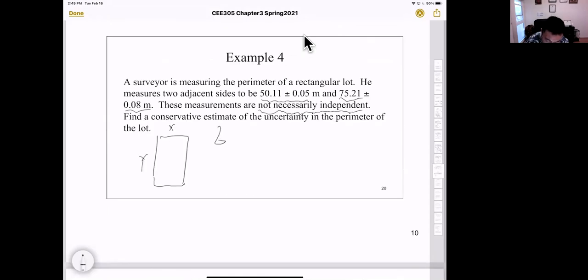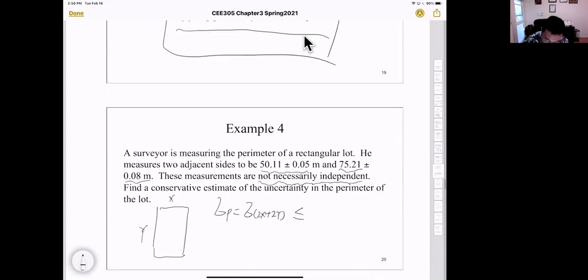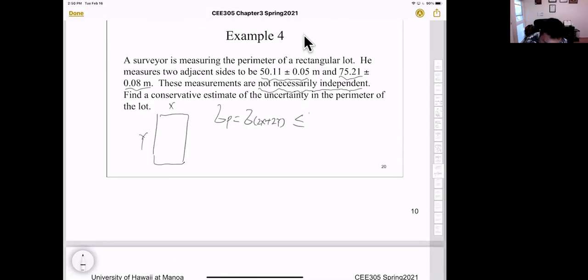So the uncertainty of the parameter 2x plus 2y will be less than or equal to, again using this equation, the absolute value of C1, so C1 is 2, sigma x, plus the absolute value of C2, also 2, sigma y.